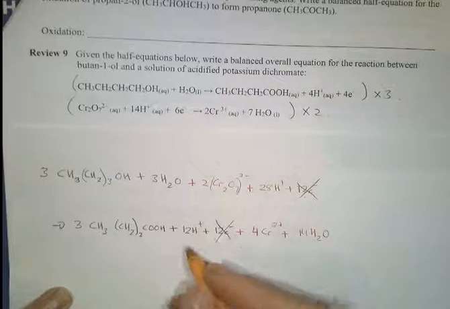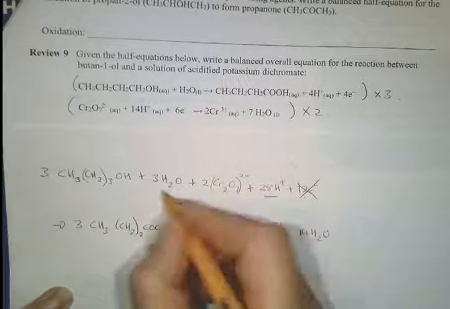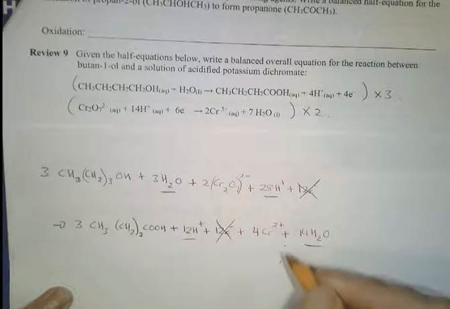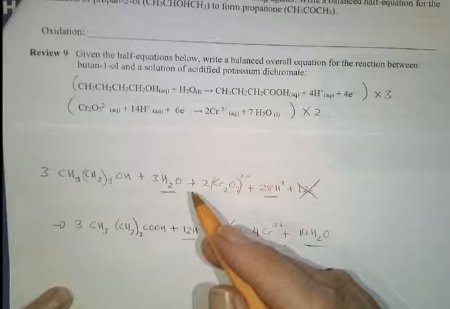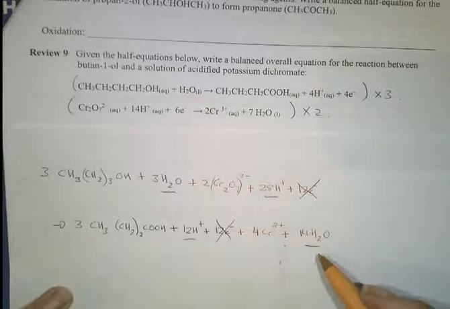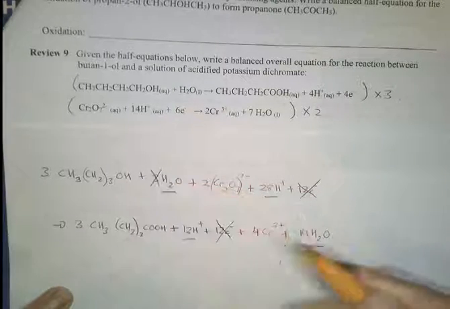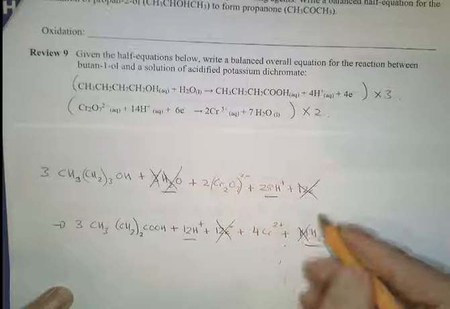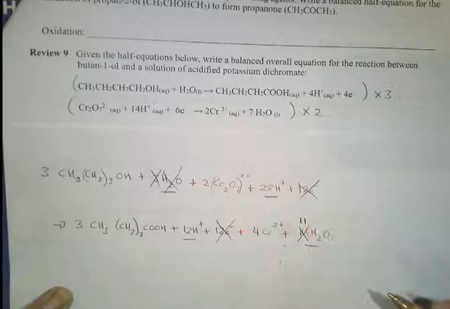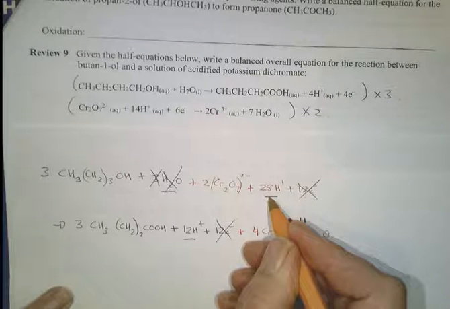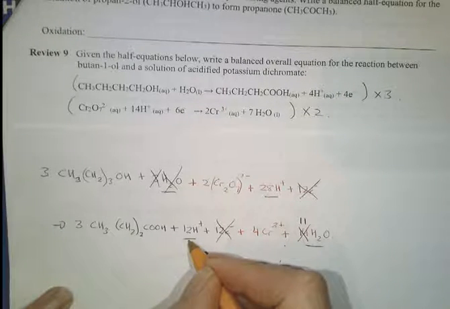But this particular reaction, we've got hydrogen ions on both sides and we've got water molecules on both sides. So we have to tidy all that up. So water molecules, we've got 3 as the reactants and 14 as the products. So we can cancel out 3, 3 from each. So we'll be left just producing 11 water molecules. And we've got 28 hydrogen ions in the reactants and 12 in the products.